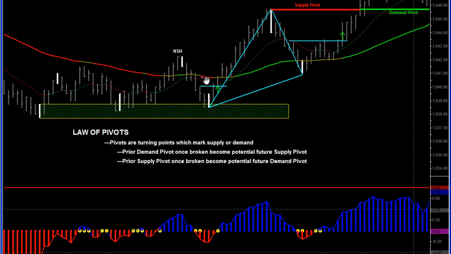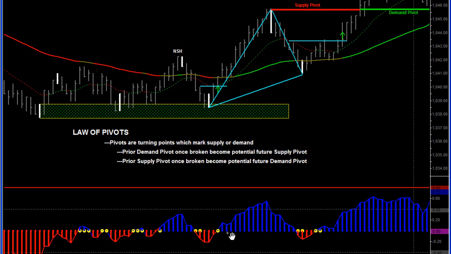The 55 EMA gives me a proxy for overall trend condition, coupled with the DMI ratio shown in the lower window. The DMI ratio shows who's in control, who's dominant in the market, bulls or bears.